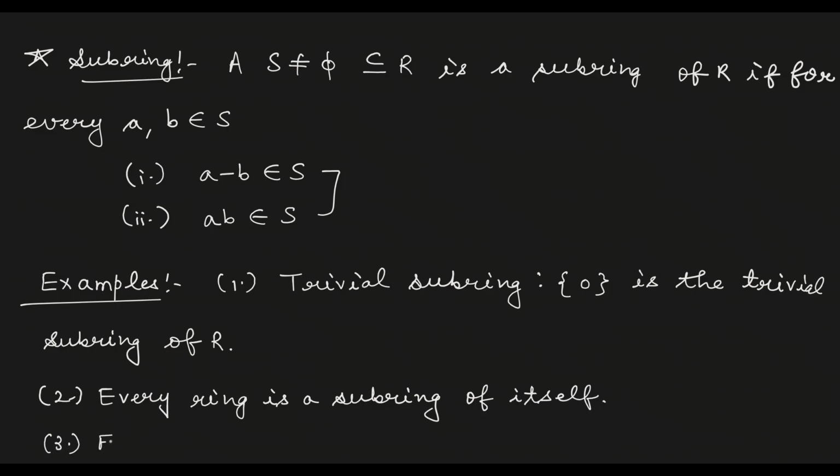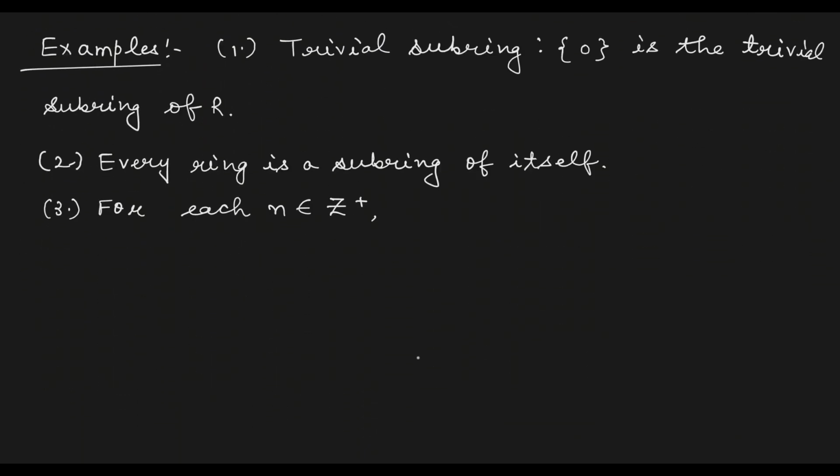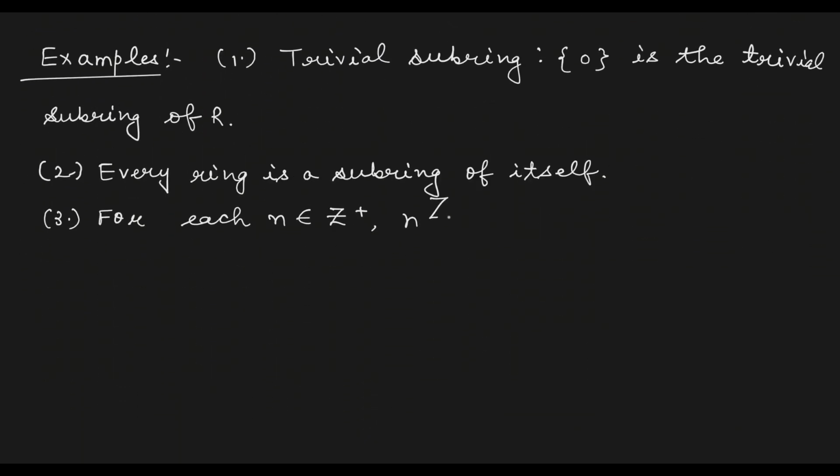Third, for each n belongs to Z plus, nZ is a subring of Z. Means 2Z is a subring of Z, 3Z is also a subring of Z.